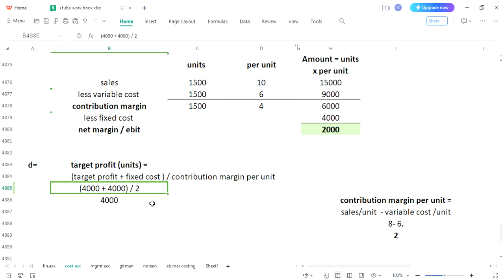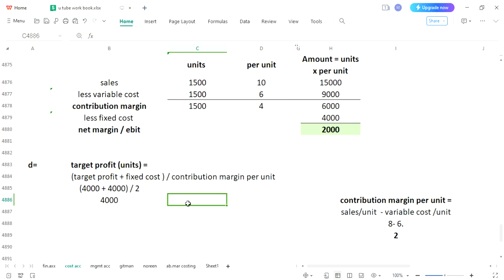That means if you will manufacture 4,000 number of units, then you will get a profit of $4,000 as well. So it's a coincidence that everything is 4,000. Fixed cost is 4,000, target profit is 4,000, and target profit units are also 4,000.